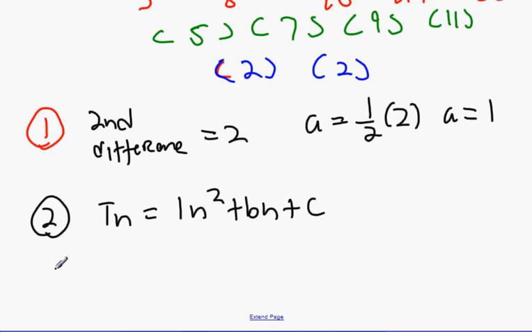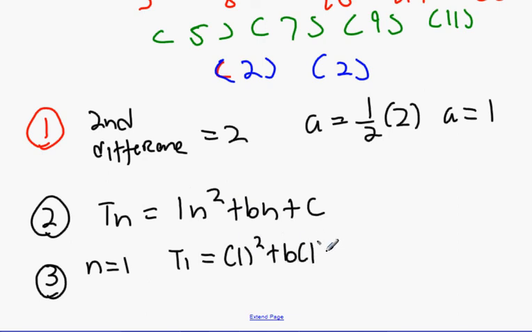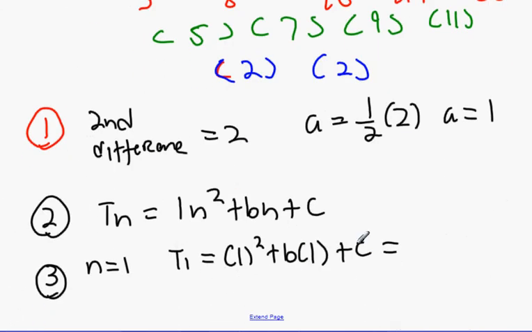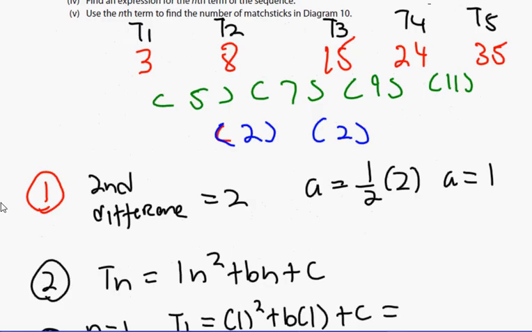Now, what's step 3? Use n equals 1 to get t1. t1 therefore is 1 squared plus b times 1 plus c. And what is t1? That's t1, t2, t3, t4, t5, so t1 is 3.